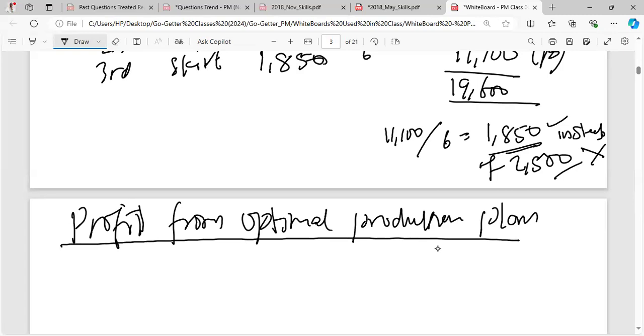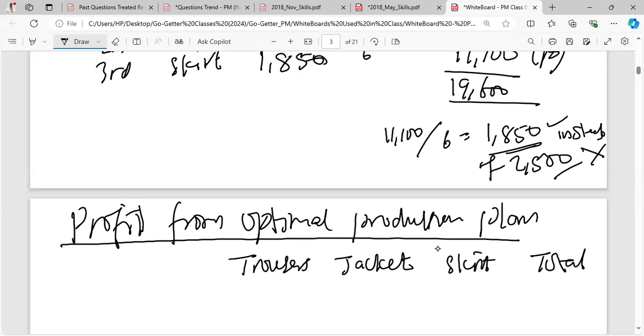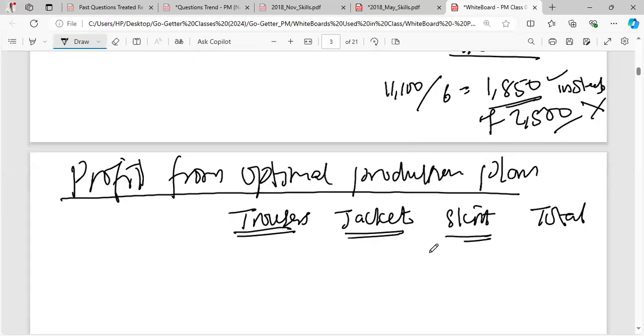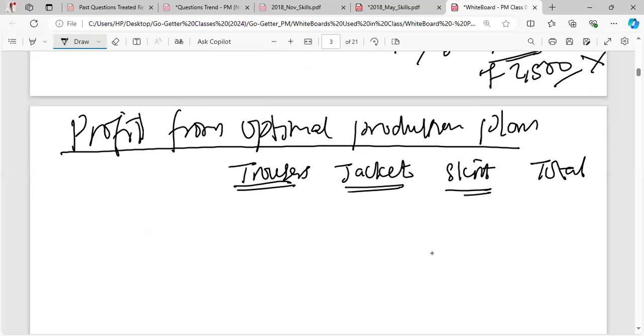We have trousers, jacket, and skirt. Then we can have total here. So we can say here optimal production units.